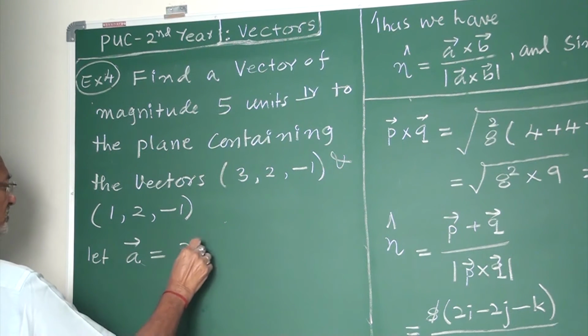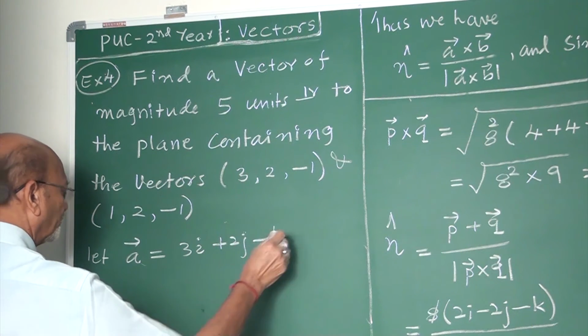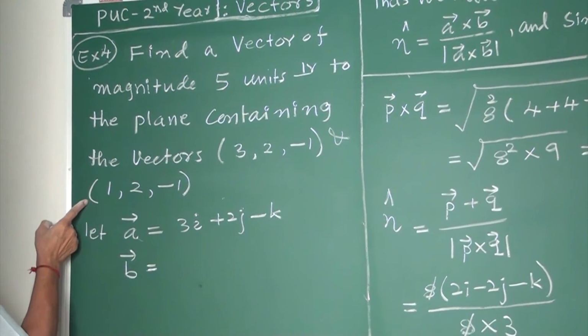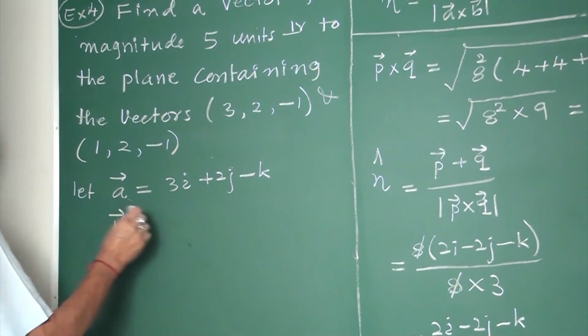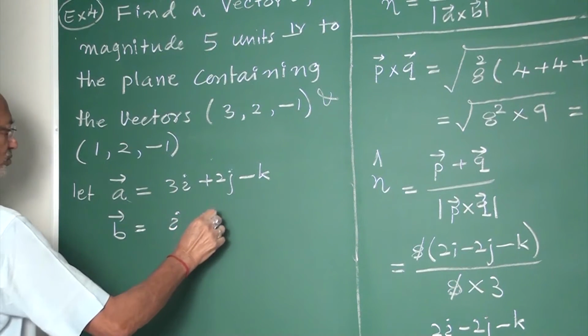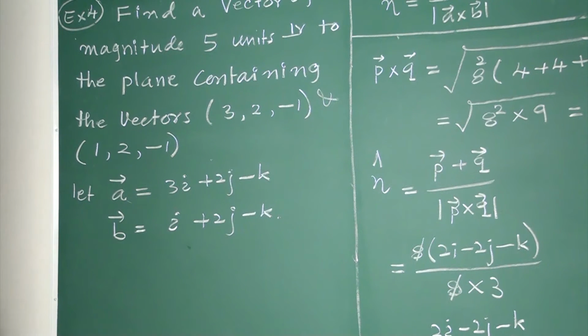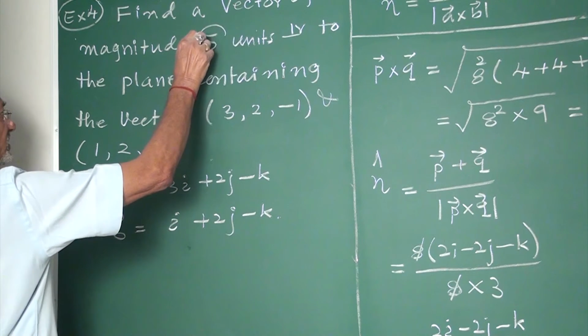Vector A is 3i plus 2j minus k. Vector B is the position vector of the second point, which is i plus 2j minus k. First you have to find the unit vector.